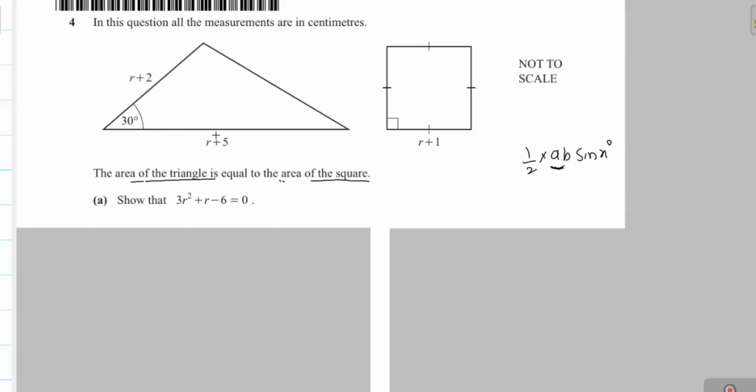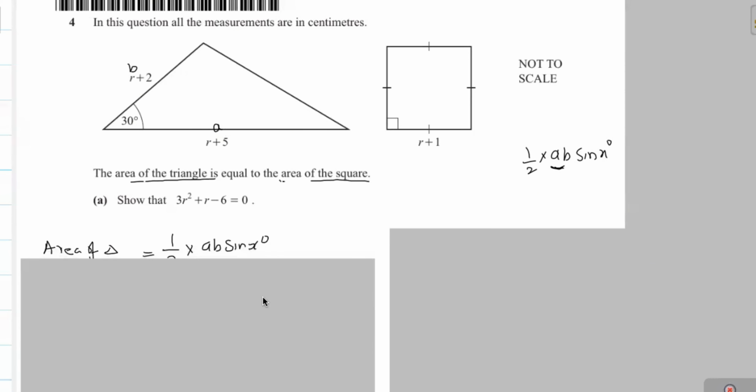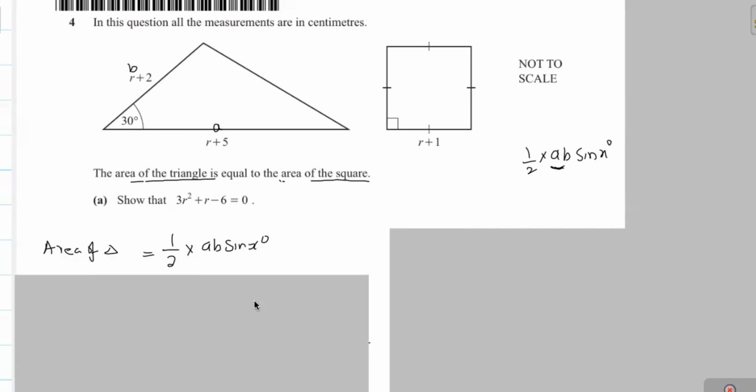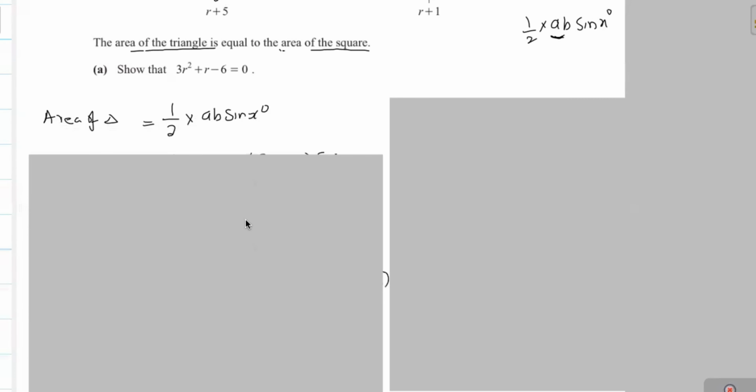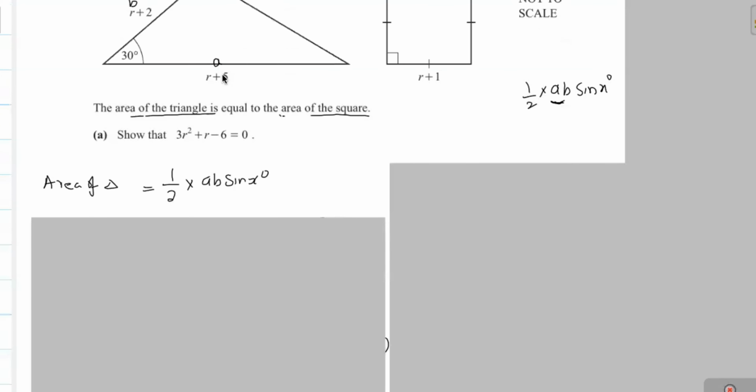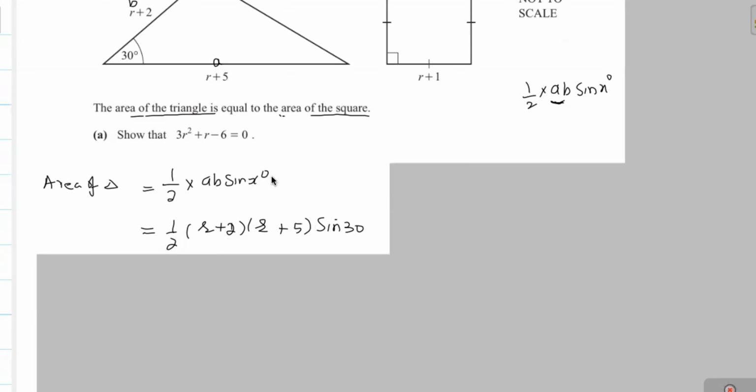Look here, if we consider this is A and this side is B, then we can write 1 over 2 into r plus 2 into r plus 5 into sine 30. Now we write the formula 1 over 2 AB sine x degrees. After writing the formula, we substitute the values. A is r plus 5, B is r plus 2, and x here is 30 degrees, so we write sine 30.